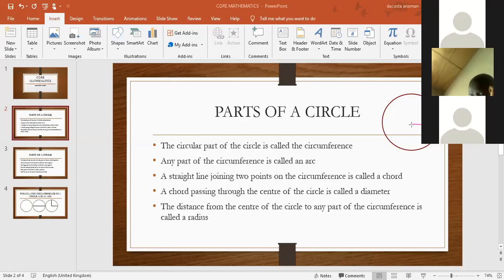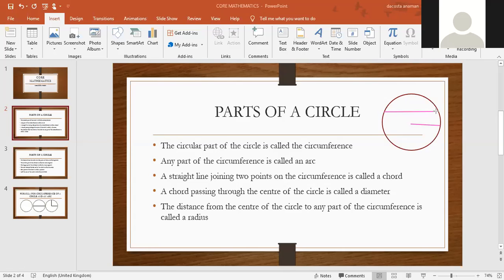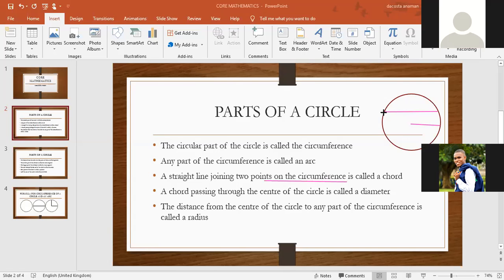The radius does not join 2 points, but it moves from the center of the circle to 1 point of the circle. Now the chord joins 2 points. That is, this point is 1 point, and this is another point on the circumference of the circle. So the chord moves from one point on the circumference to another point on the circumference. That is the chord.